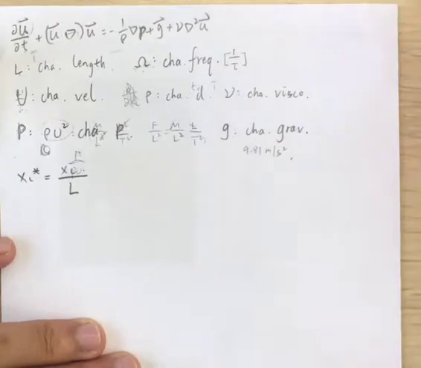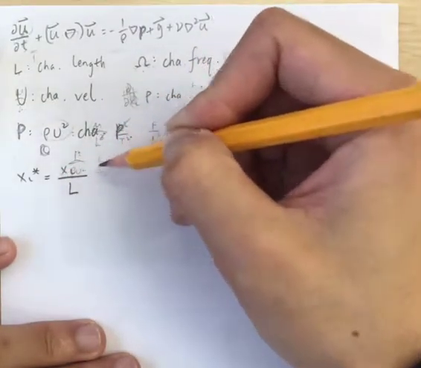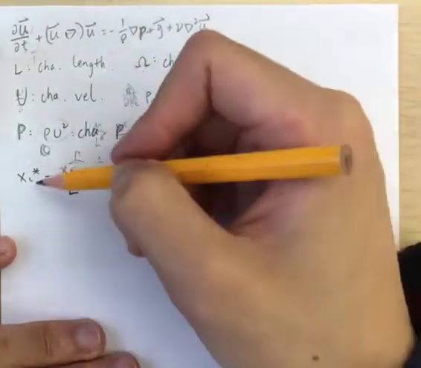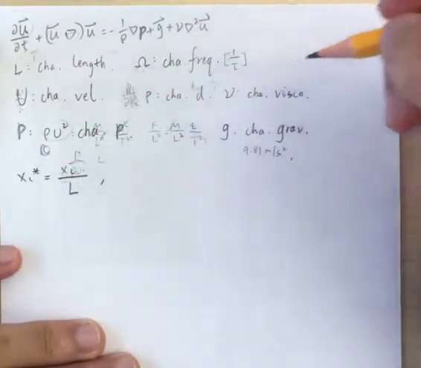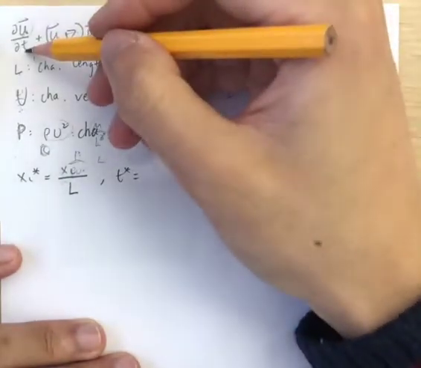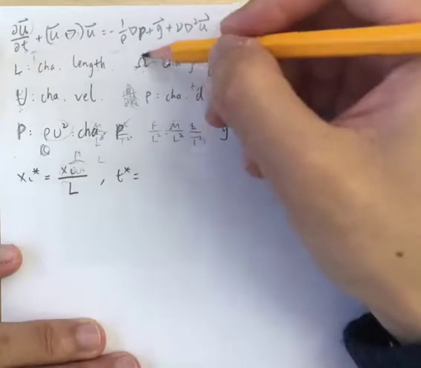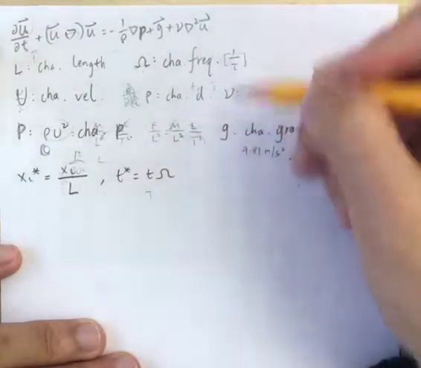We can say it's the simplest way to get rid of the dimension of xi, because xi has the dimension of L. We divide that by the characteristic length of the system, we get a non-dimensional number. Xi star is this. And t star is what? t star, how can we get rid of the dimension of t? By multiplying omega, right? t times omega, because t has the dimension of time, omega 1 over time.